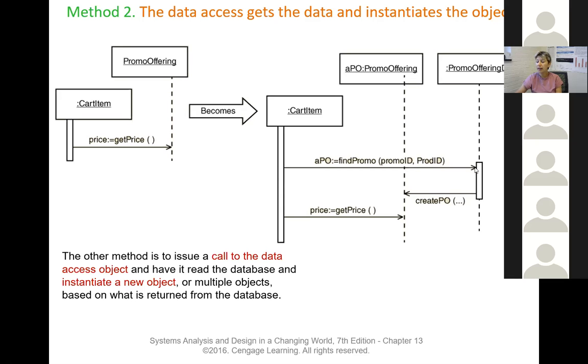Read the information, and that data access layer object would call the constructor of the domain layer object. Lots of words here. I will try to enact this on the whiteboard in a few seconds. So here's the description. The other method is calling the data access layer object to read the database, and then the data access layer object talks to your domain layer object to create that object with the information in memory.